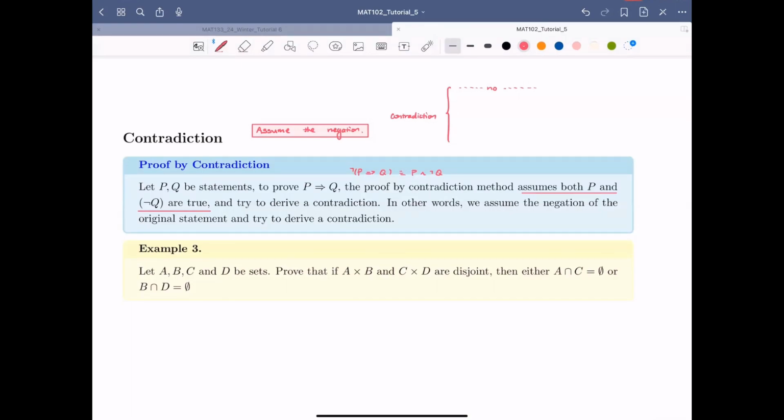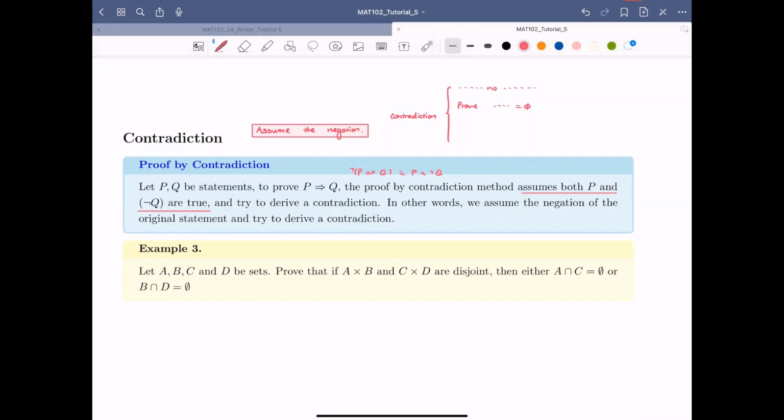Another one is prove something is empty. Okay, if you want to prove something is empty, it's not that easy. So suppose it's not empty, it's a lot easier to deal with, because once you suppose it's not empty, you can always pick an element from it.